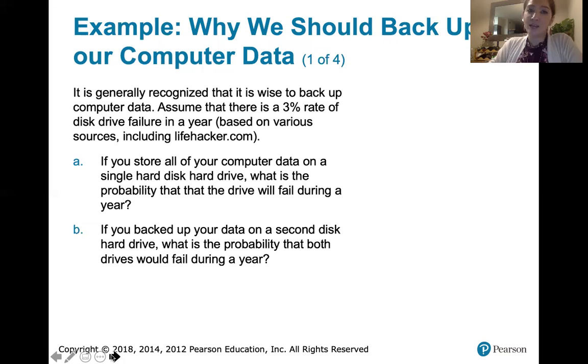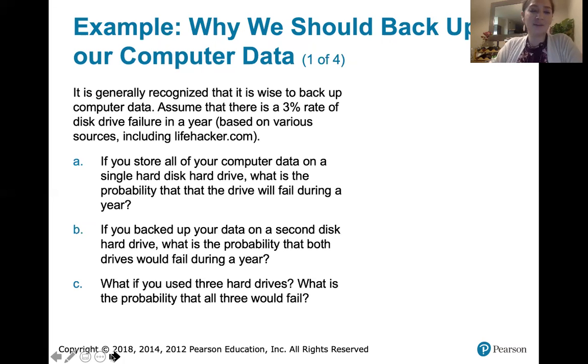Then we're asked, if you not only store it on your computer, but also back it up on a second disk, what's the probability that both fail? And lastly, what's the probability that 3 hard drives would fail? If you said, I don't just have this backup, I have the backup of the backup, and now I've got 3 copies of the same thing, what's the probability that all 3 will fail?